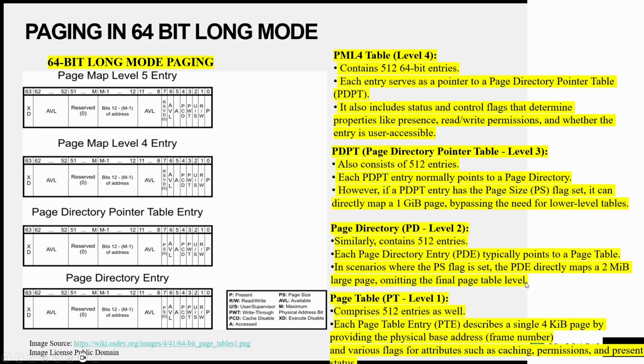The reason I need to tell you these things is because in the next lesson we will be making 2 megabyte pages. The level 1, which isn't seen on this graph, has 512 entries, and each entry describes a single 4096 byte page.